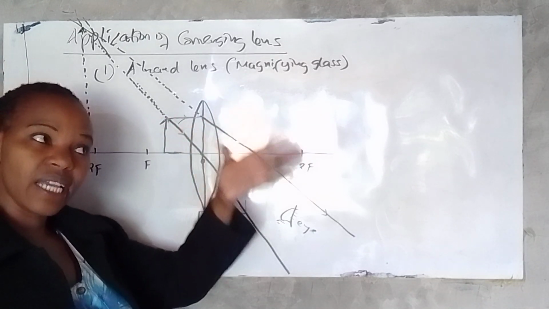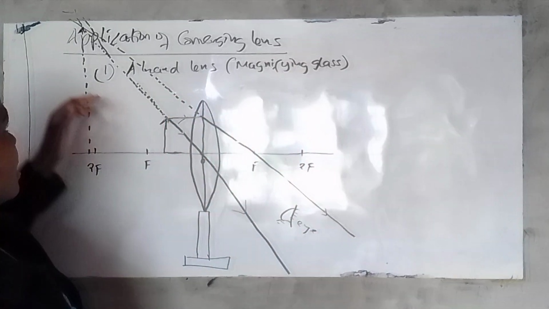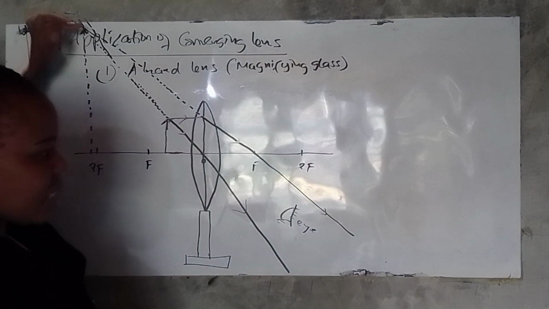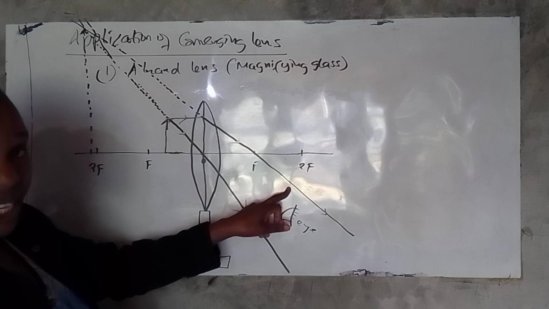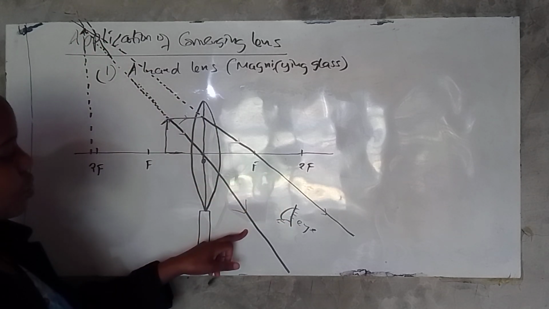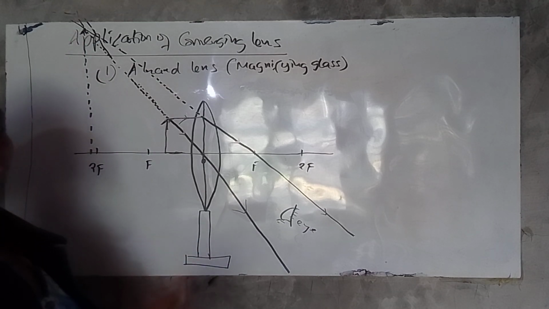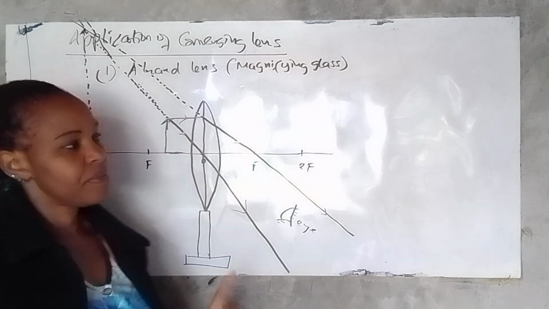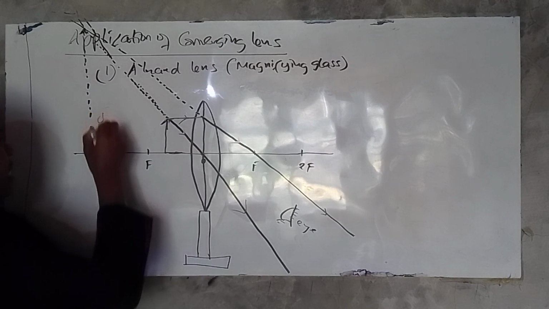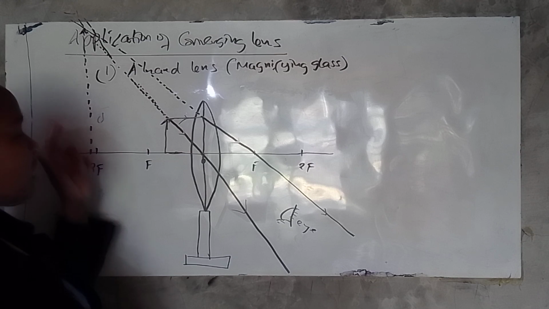The eye sees light as a straight line. So what the eye sees is that the imaginary rays will intersect at that point. Where the two imaginary rays intersect, that is where we form our image. Now our image is a virtual image. That's why it is dotted.